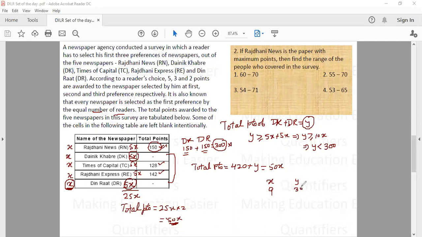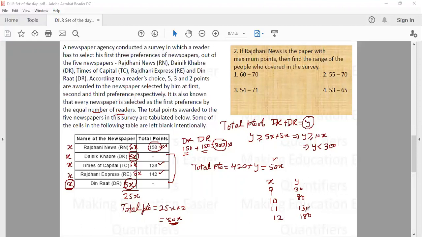After that, to get the next solution, I will just increase the value of Y by the coefficient of X, which is 50. So 30 plus 50 is 80, and in that case you will get 500 by 50, which is 10. After that, again increase it: 130 and 11. After that, 180 and 12.